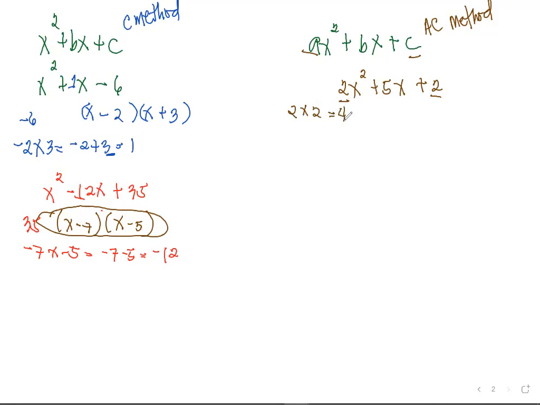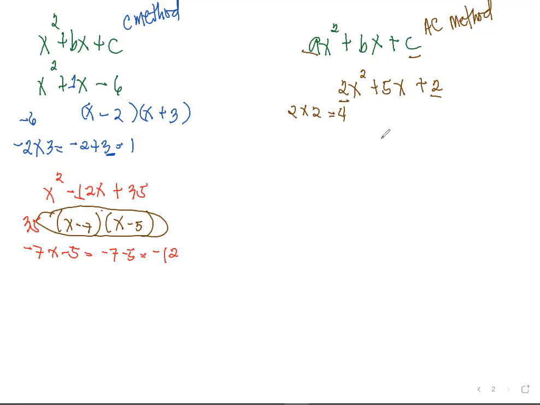After getting the product of A and C, we're going to find the factor of that product, that if you factor the product, the sum must be the middle term, just like in the first example. So we need to find the factor of 4 that if you get the sum must be 5.